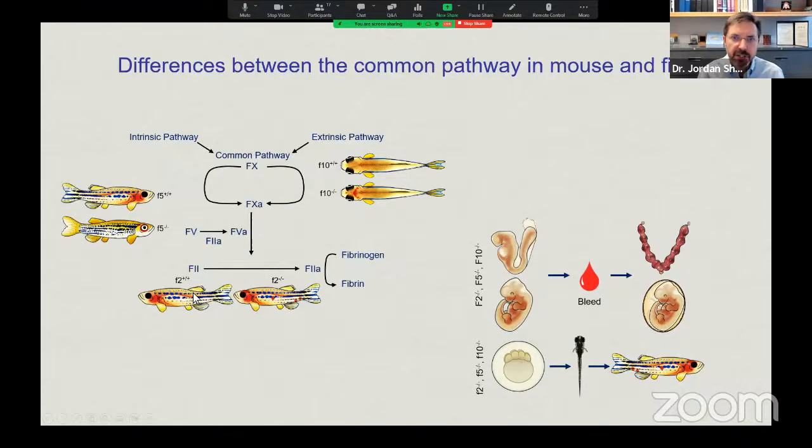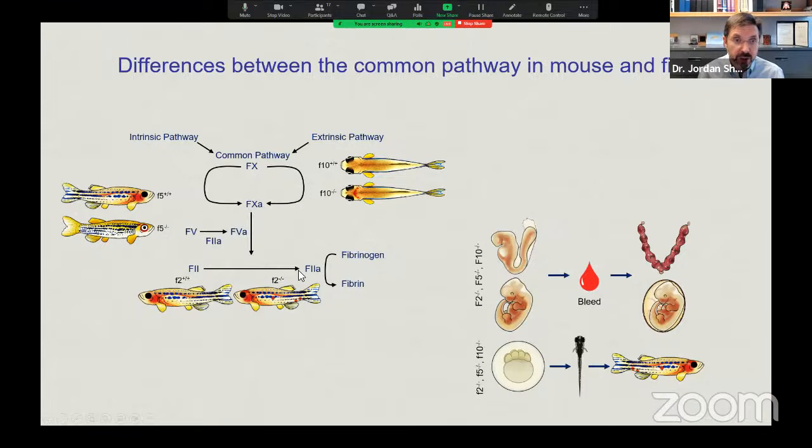And so we found some interesting differences between the common pathway in mouse versus fish. In fish, if you take all these common pathway mutants, factor 10, factor 5, and factor 2, or thrombin, they all have the same phenotype. They have bleeding primarily in the brain and also in the muscle.